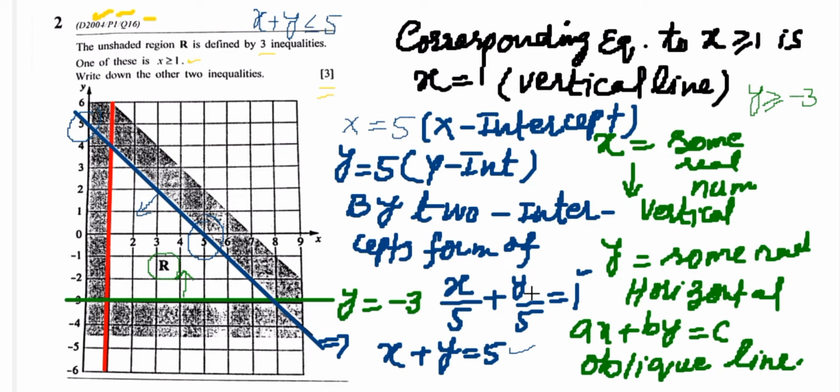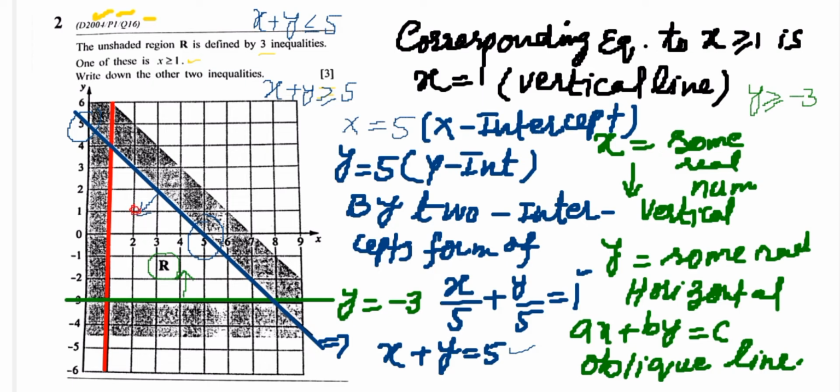If you have any doubt about the sign, suppose you doubt that this inequality should be x plus y greater than or equal to 5, you can take any point from this region R. Suppose in the region R we take this point.